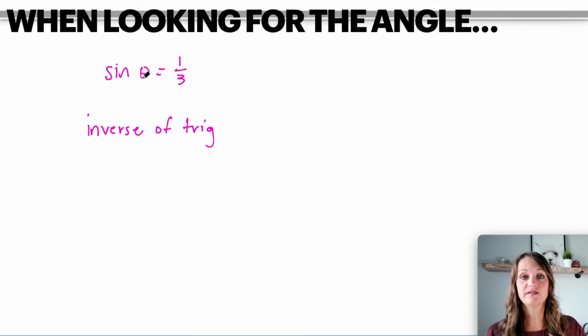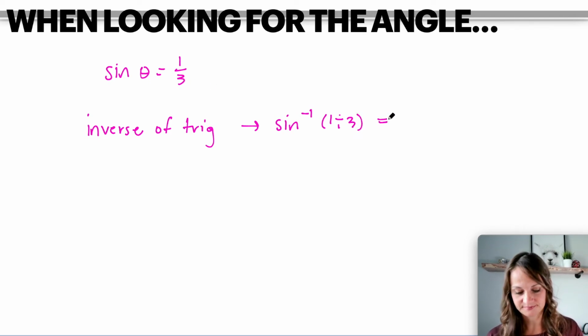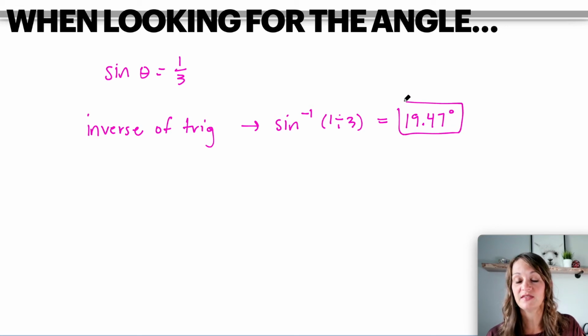So anytime you're looking for an angle, you will take the inverse of what it says. So in your calculator, you will do second sine, because that will give you the inverse, of 1 divided by 3, because it is 1/3, and it would give you 19.47 degrees. Please do not forget the degree, because it's not 19.47. That is an actual degree. So make sure you do include the degrees for that.